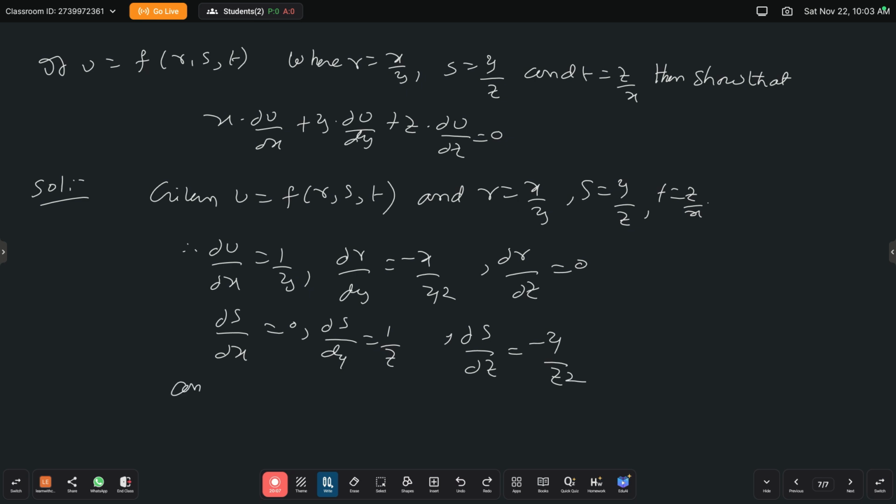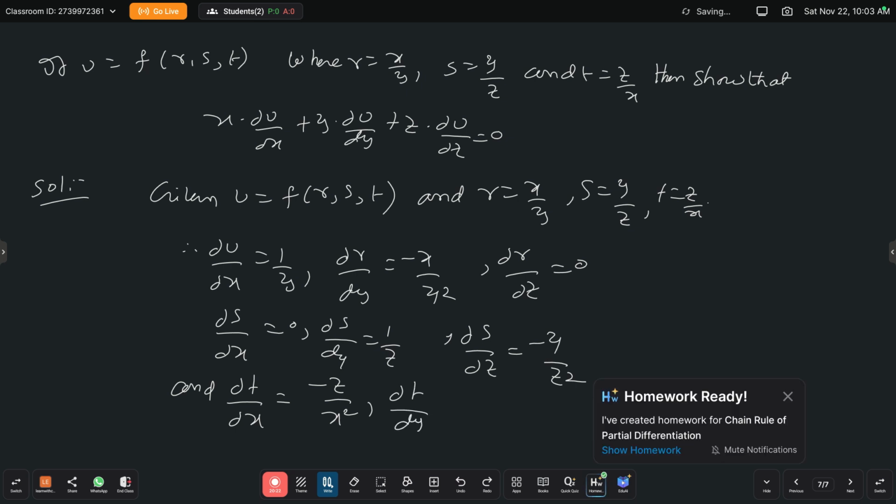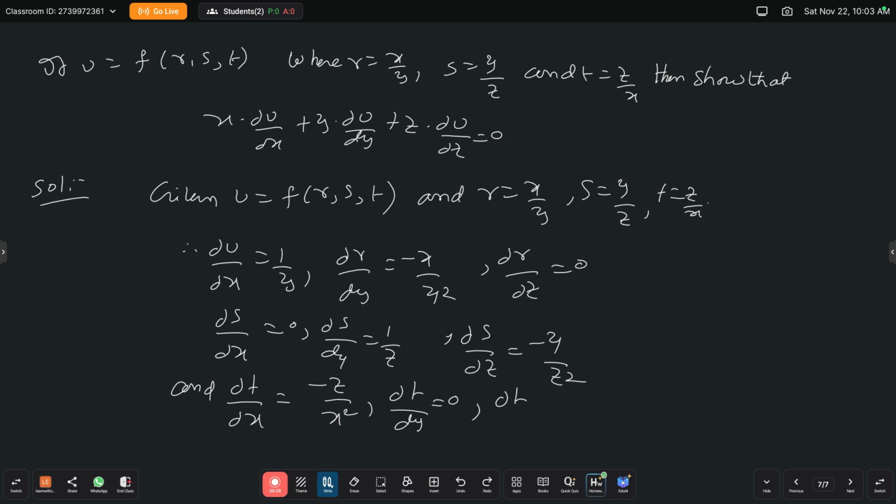So, and now dou t by dou x, that is with respect to x, is minus z by x square, dou t by dou y is equal to 0. Now dou t by dou z is equal to 1 by x.